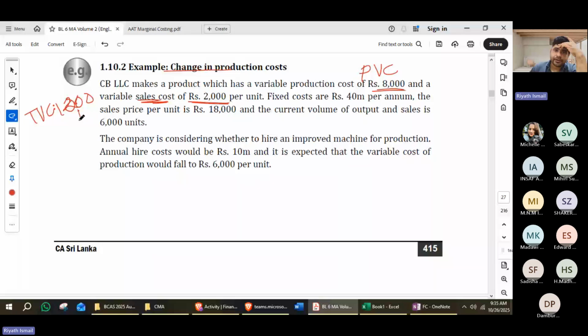Fixed costs are 40 million per annum, the selling price is 18,000, and the current volume of output and sales is 6,000.